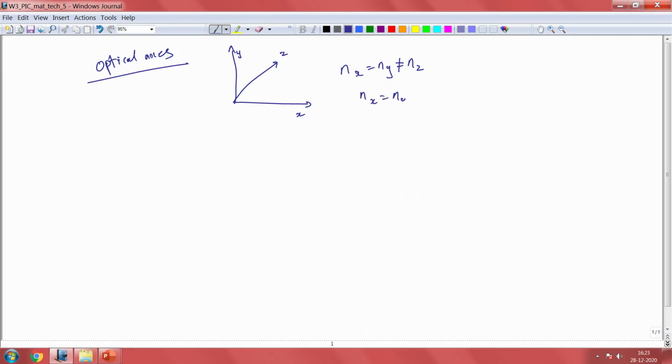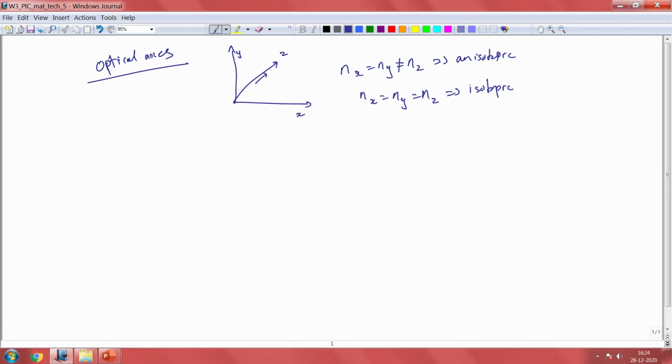When you say isotropic, this is what isotropic means, but this is anisotropic by definition.